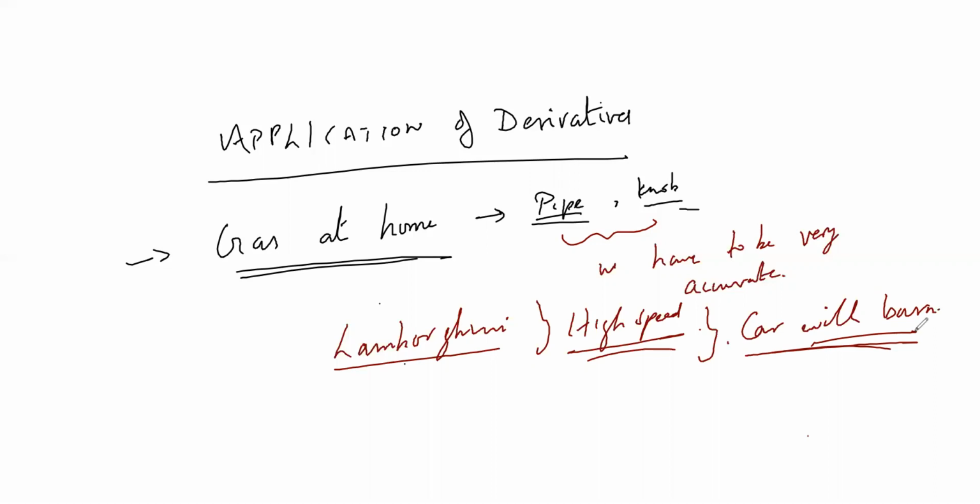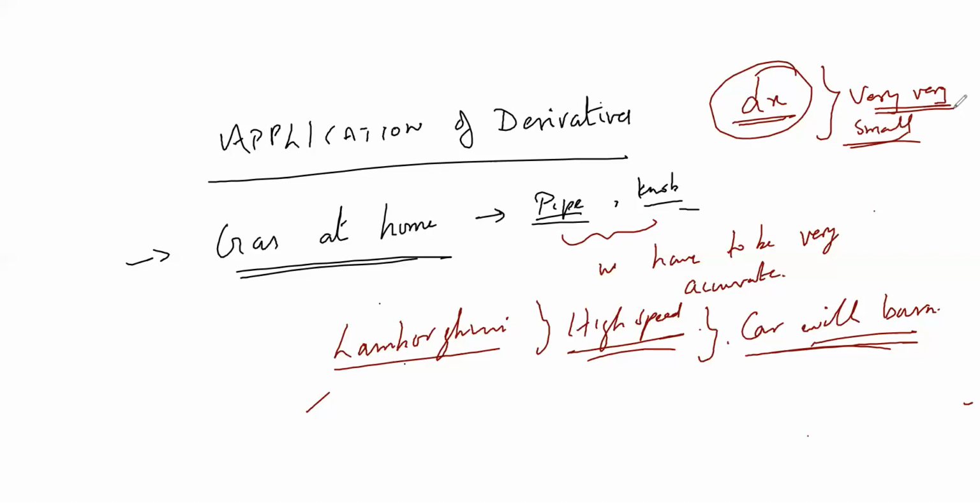And I'm talking about what? dx. dx meaning very, very, very small element. If x is in centimeter, dx may be nanometer or a picometer or any other thing, correct? Very, very, very small thing. Yes, up to this everyone understood? dx should be very, very small.